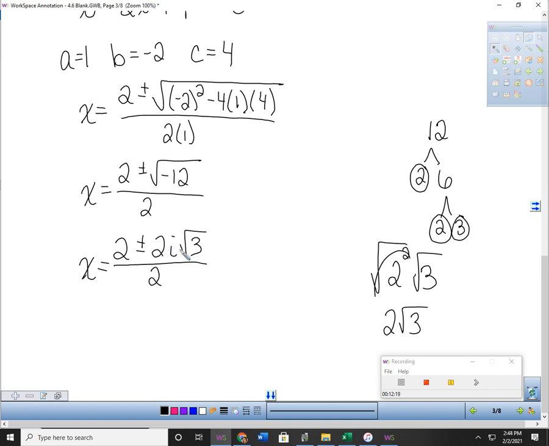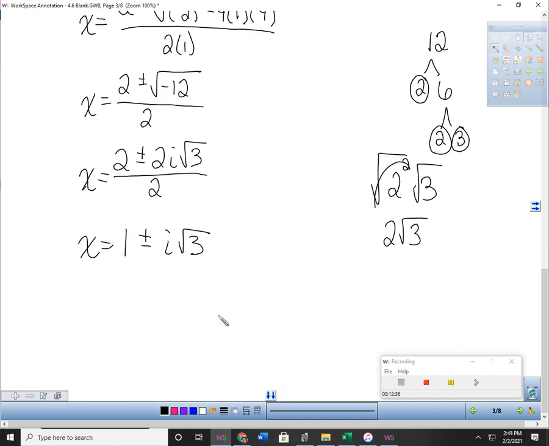And then I realized that all 3 of these terms will divide by 2. So I've got 2 divided by 2 on bottom gives me 1, plus or minus this 2 divided by 2 gives me 1, I square root of 3. So there's my other 2 zeros.